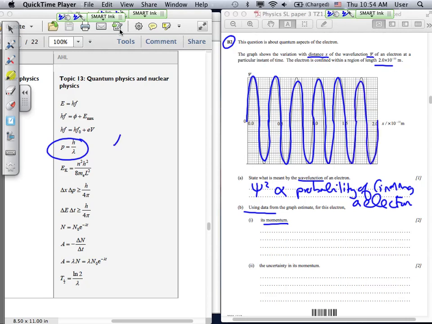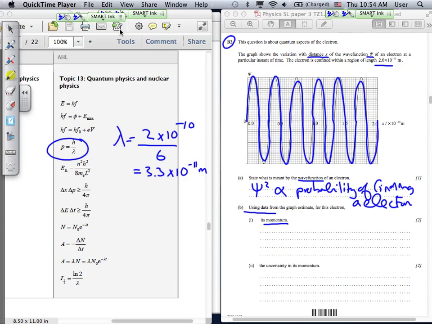So the wavelength is going to equal 2 times 10 to the negative 10 divided by 6. And when we do that, we get 3.3 times 10 to the negative 11 meters.